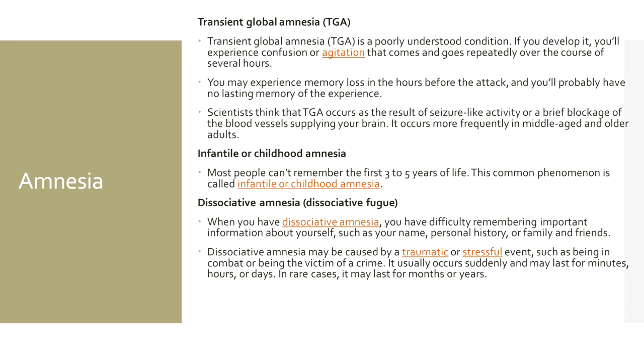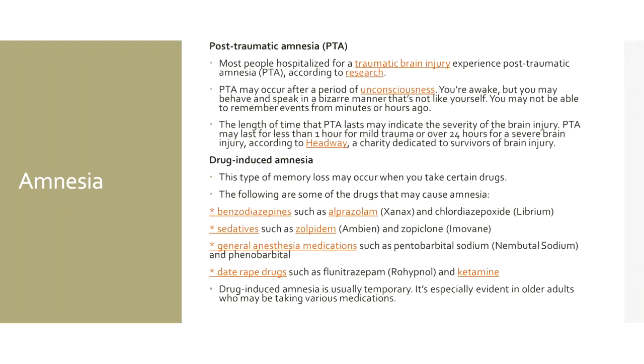Dissociative amnesia may be caused by a traumatic or stressful event, such as being in combat or being the victim of a crime. No? So sometimes this is caused by events that happen to us, specifically traumatic and stressful events. It usually occurs suddenly and may last for minutes, hours, or days. In rare cases, it may last for months or years.